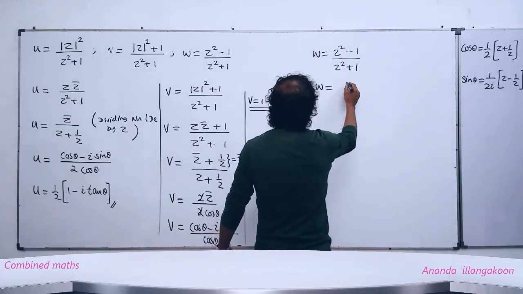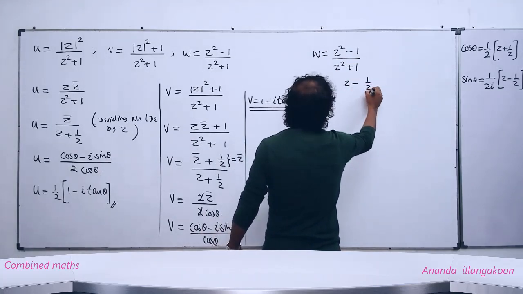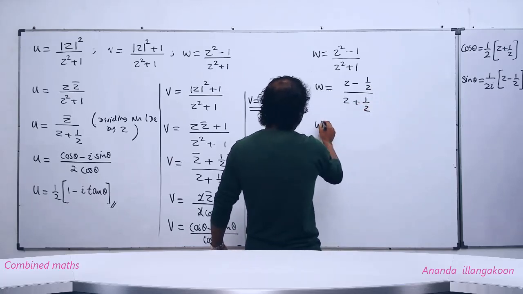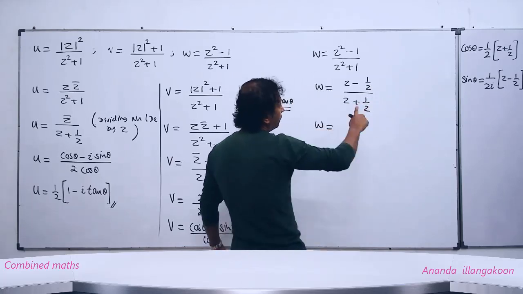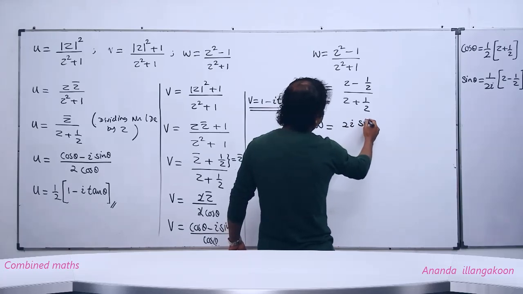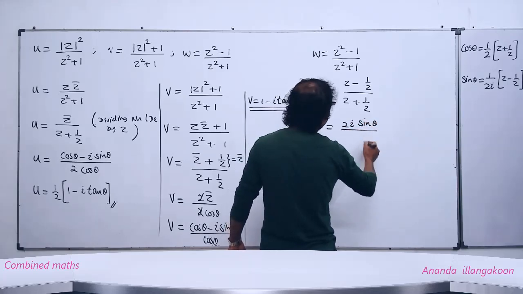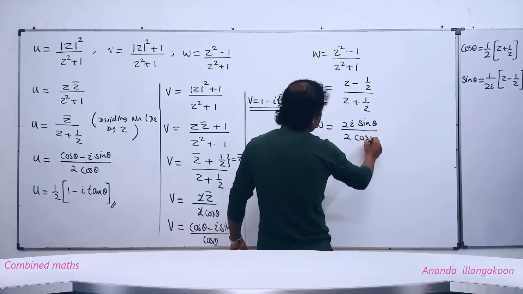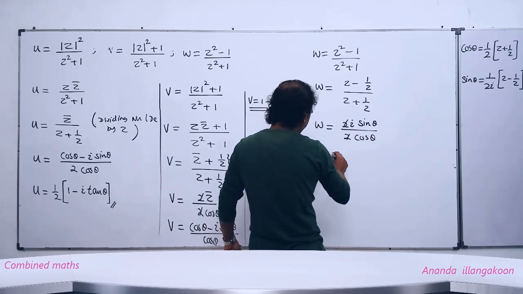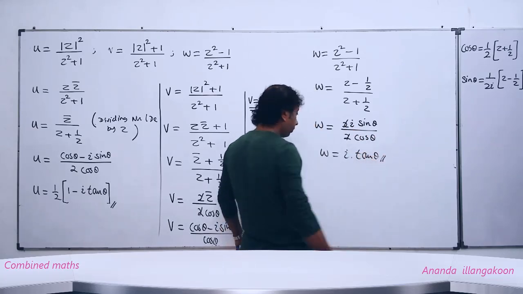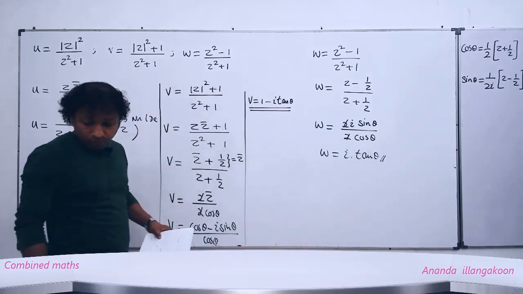Dividing both the numerator and denominator by z, this is what we get. z minus 1 upon z is 2i sin theta, and the denominator is 2 cos theta. In this way we get W equals i tan theta. W equals i tan theta.